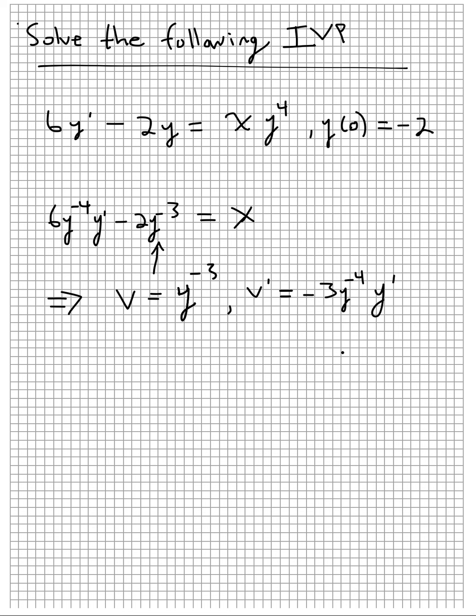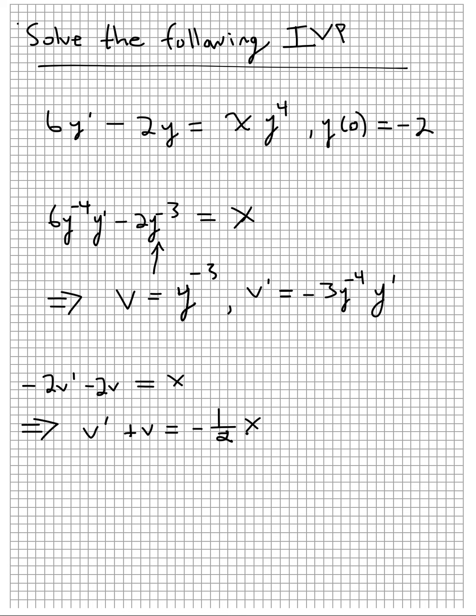Then we plug this substitution into the differential equation, and this is going to give us minus 2v prime minus 2v equals x. And this is going to imply that v prime plus v is going to equal minus 1/2 times x.